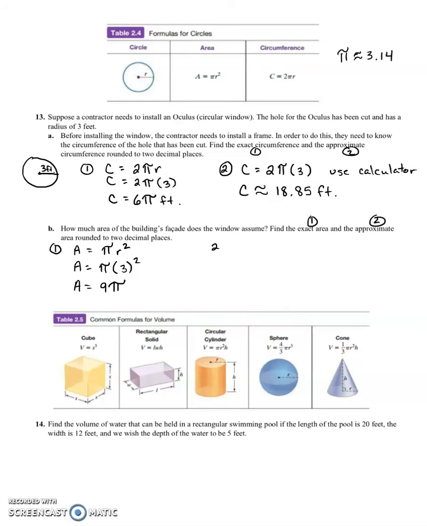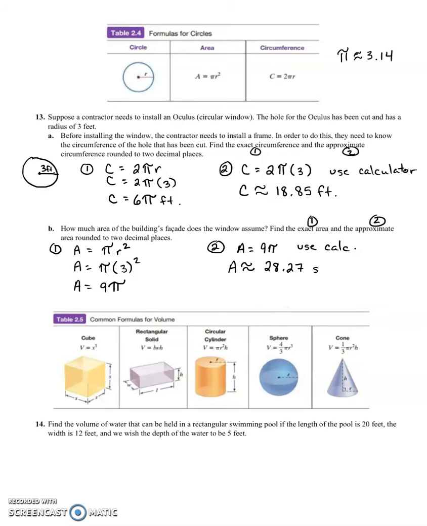Now, let's find the approximate area. We know the area is 9 pi. Again, using the calculator, plug that in and round it to 2 decimal places. We get approximately 28.27.